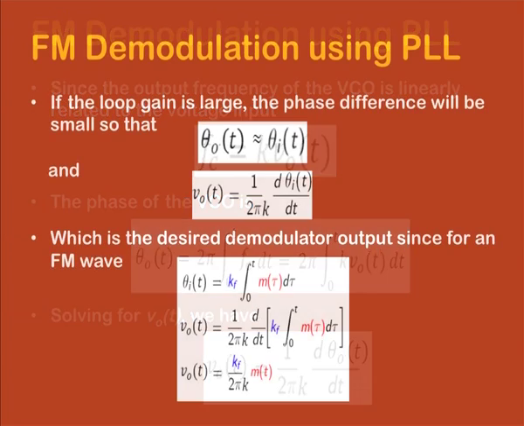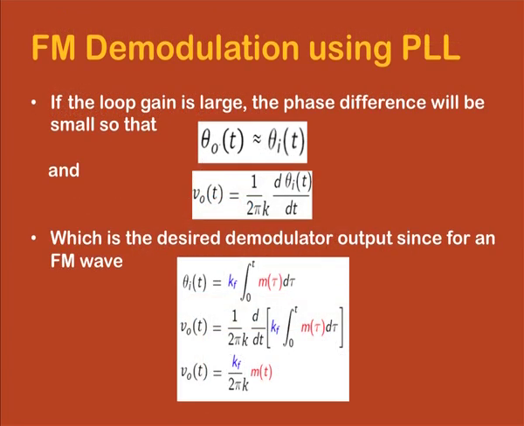When the loop is locked, the output phase of the VCO closely resembles the phase of the input signal, theta_i(t). If we make this substitution, we get V_o(t) equal to 1 over 2 pi k times d theta_i(t) over dt. We know how theta_i is related to the modulating signal for an FM signal.